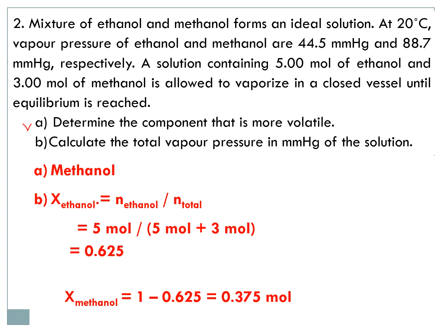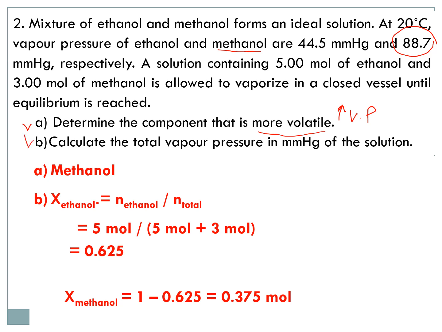A. Determine the component that is more volatile. The more volatile component is the one that has higher vapor pressure, which is methanol with 88.7 mm mercury.